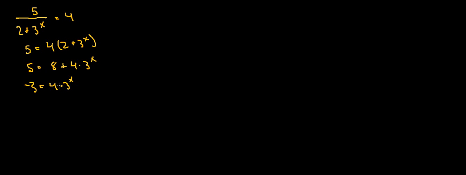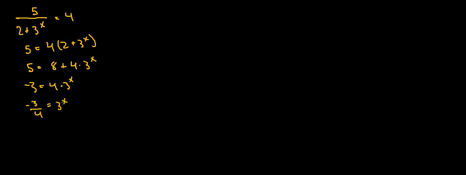And already here I can see that there is going to be no solutions. I can still simplify it a little bit more, but I already know that this is going to have no solutions because it's impossible. So I'll divide the 4 out, and I get minus 3/4 is equal to 3 to the x.